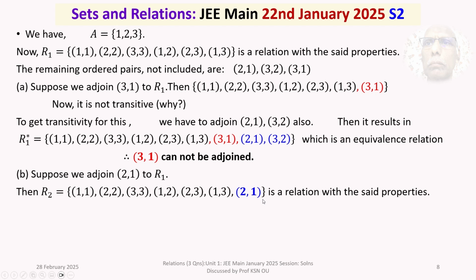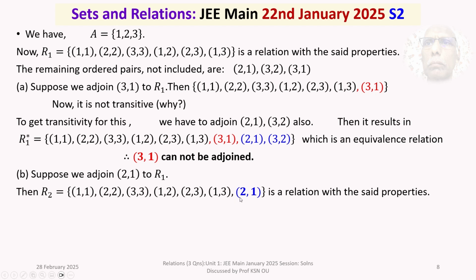Now, what about transitivity? (2,1), (1,1); (2,1), (1,2); (2,2); (2,1), (1,3); (2,3). Is there? No problems will come. And transitivity is also achieved.